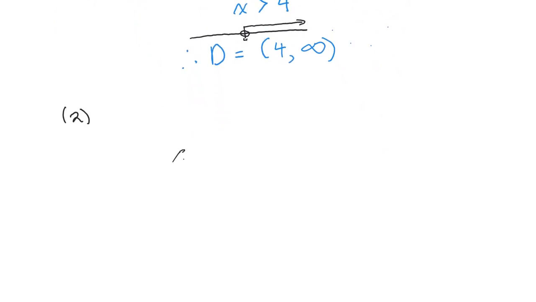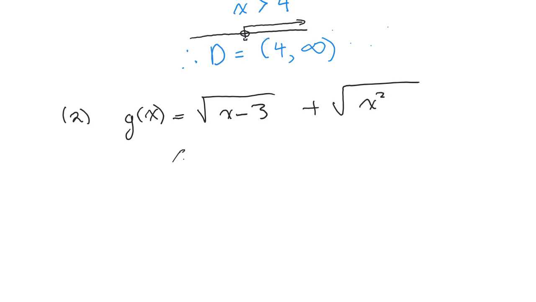So the next type of problem that I'm going to introduce you to today is something like this. Let's say I have the function g of x is equal to the square root of something plus the square root of something. I'm actually going to let this one be x minus 3, and this part here be x squared minus 4.